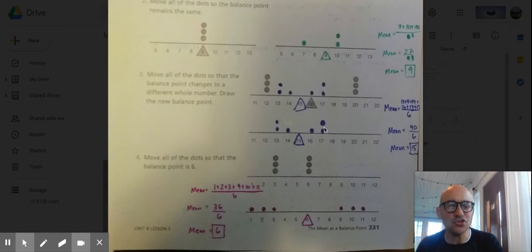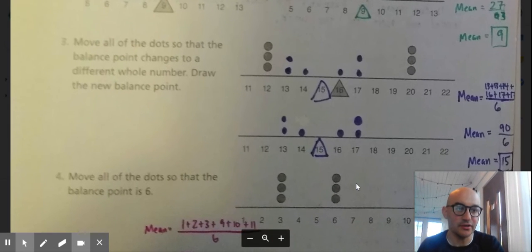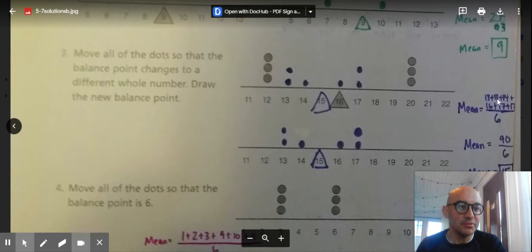And then if I'm not sure that I did it correct, maybe the drawing doesn't look good to my eyeballs and it just doesn't quite make sense, I can calculate my mean pretty quickly. So I'm adding up, I've got 2 at 13, so 13 plus 13. In fact, I'll zoom in just a bit here. 13 plus 13, I've got 1 at 14, so plus 14, 1 at 16, so plus 16, and then 2 at 17.